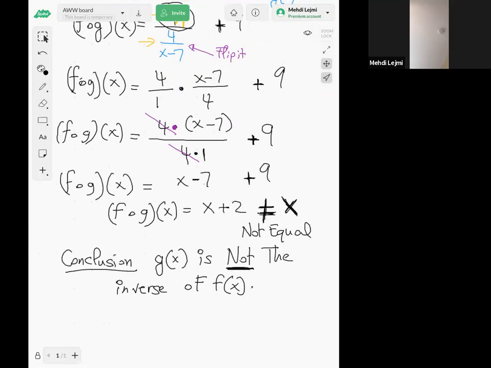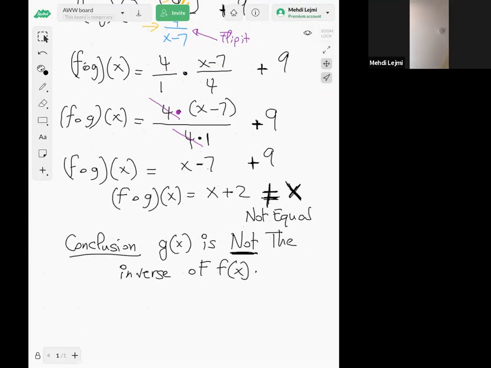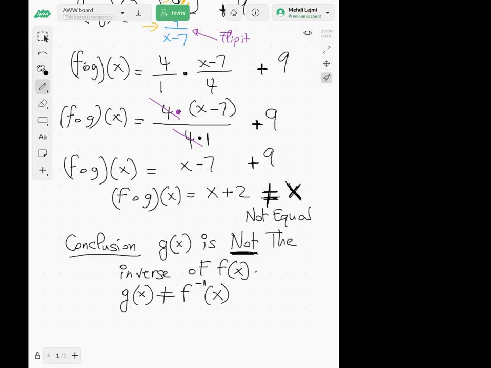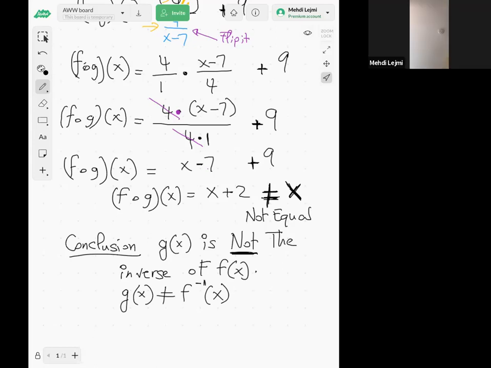Yeah, you can do that. So in the conclusion you can write g of x not equal to this f inverse. Okay, that's what you mean, right? Yes, that's what I meant. Yeah, absolutely. You can do that too.